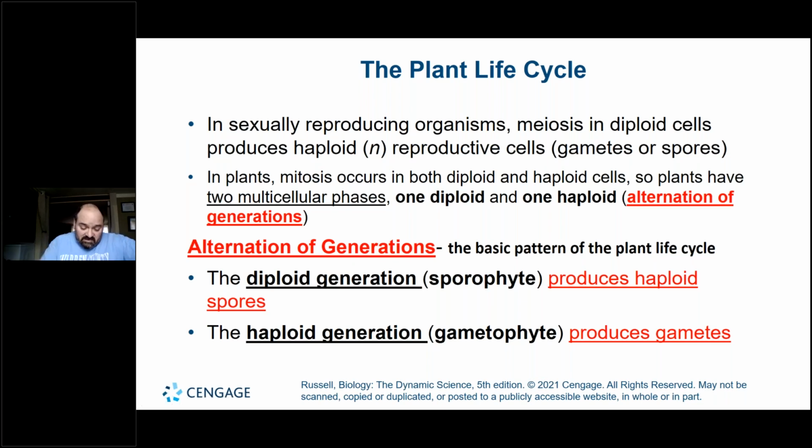In the more simple plants, one aspect of this will be more dominant than the other. So in the case of the simple plants, the gametophyte stage will be more dominant in comparison to more complex plants. For those, the sporophyte phase will be more important and more dominant, okay?